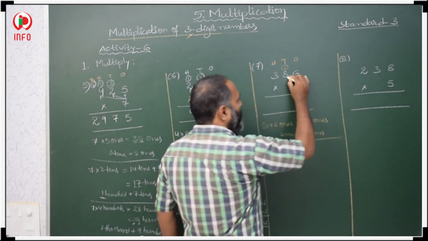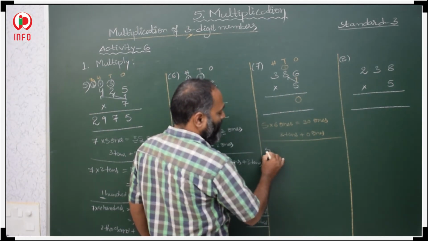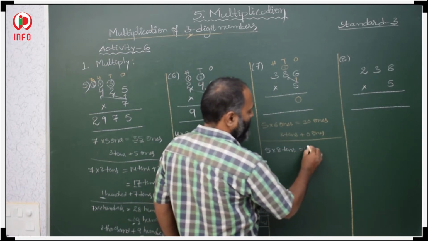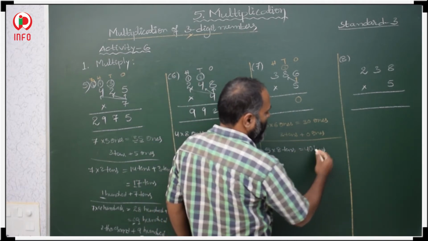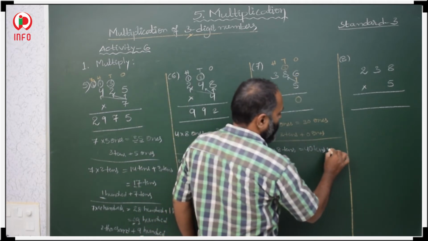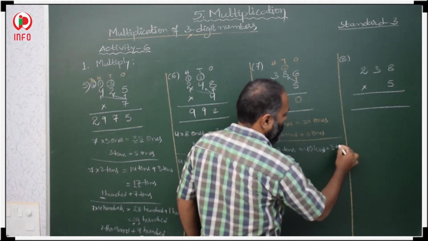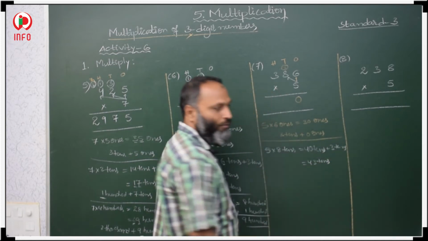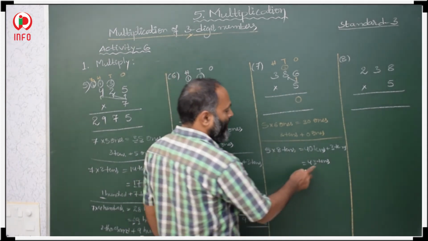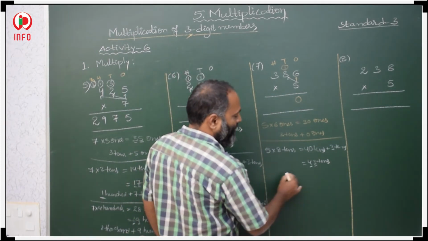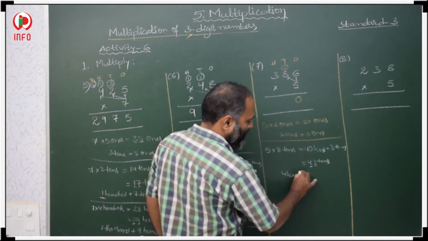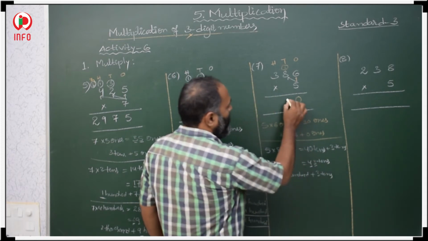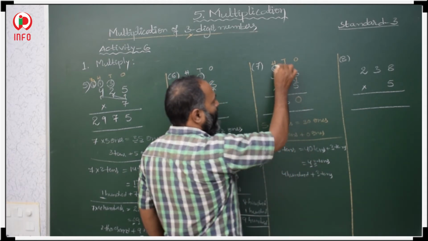Next 5 with 8 tens, 5 8s are 40 tens, 40 tens plus 3 tens, 43 tens. 43 tens means 3 tens 4 hundreds.